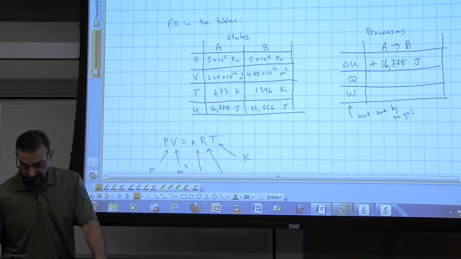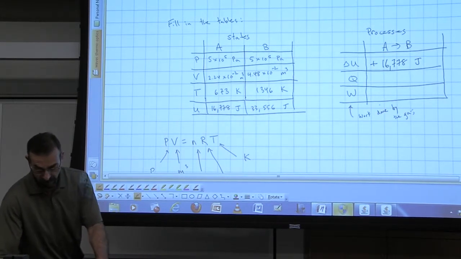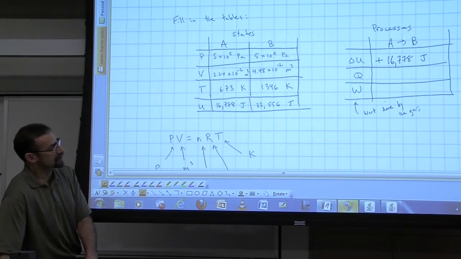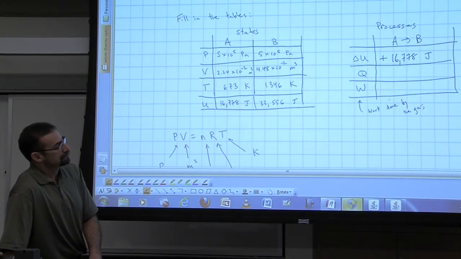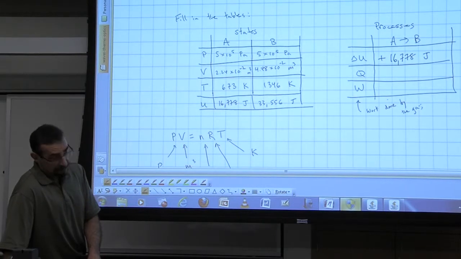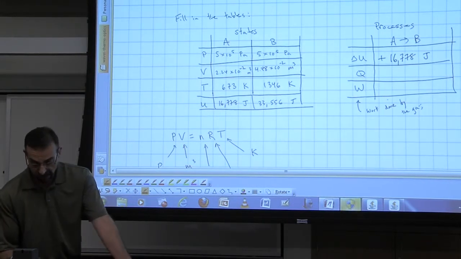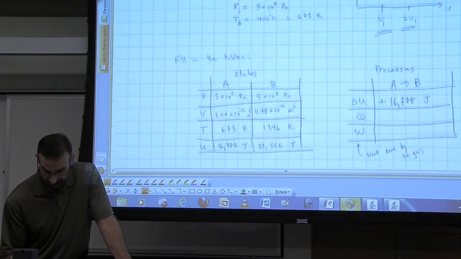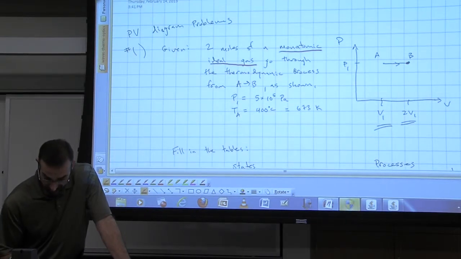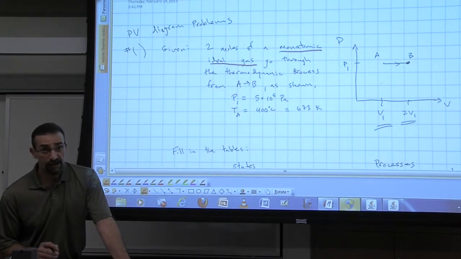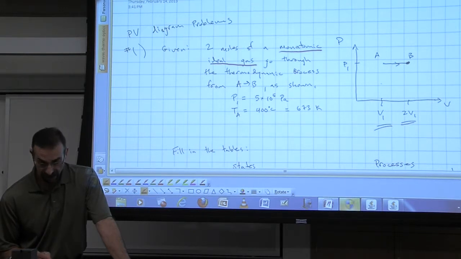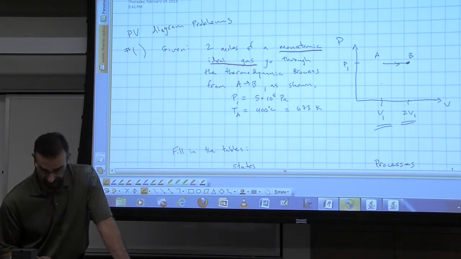Okay, we've got two things left. Q, how much heat went into or came out of the system, and work done. So which one are we going to hit? Well, let's take a look at our graph. We know something about these graphs. The area under the curve on a PV diagram is equal to the work done.